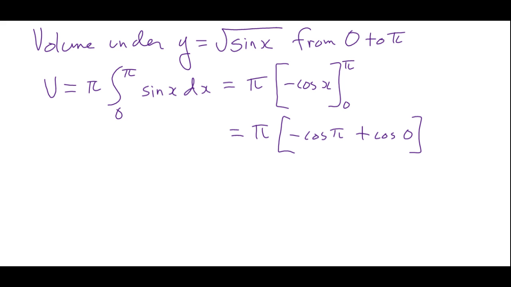Right, minus negative cos 0, so plus cos 0. What is the negative of the cosine of pi? What's cosine of pi? Negative 1. Negative that, 1. What's cosine of 0? 1. What's this equal to? 2 pi.